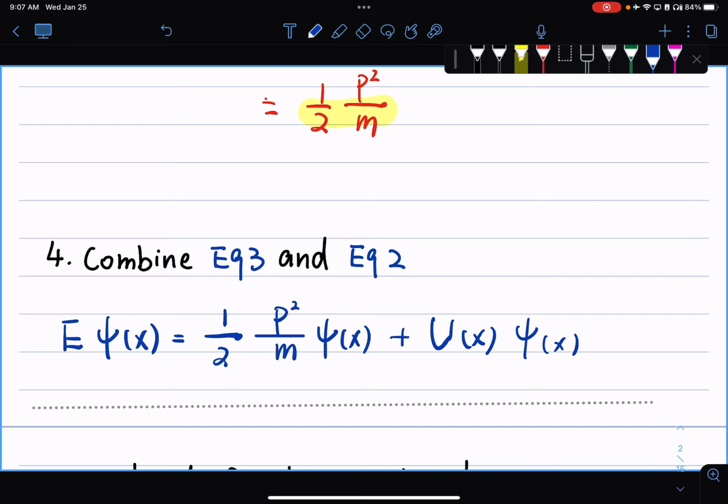Again, what we're doing here is just rewriting the kinetic term, 1/2 mv squared, into an expression of linear momentum. With me so far? Okay, now let's introduce the quantum part and see how they connect.